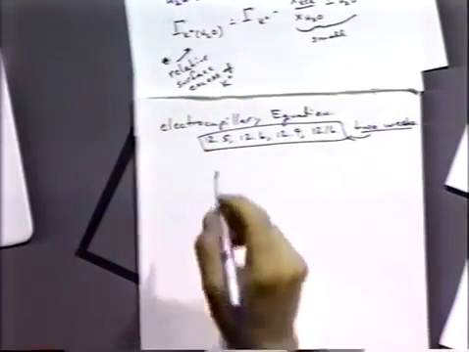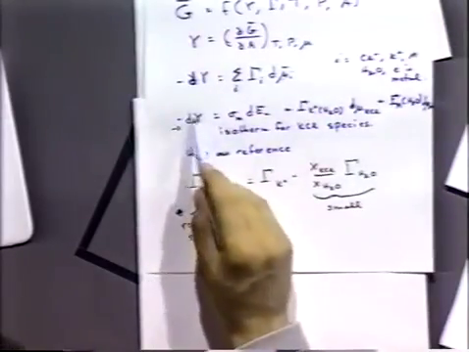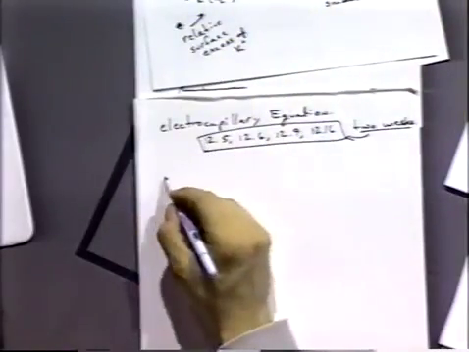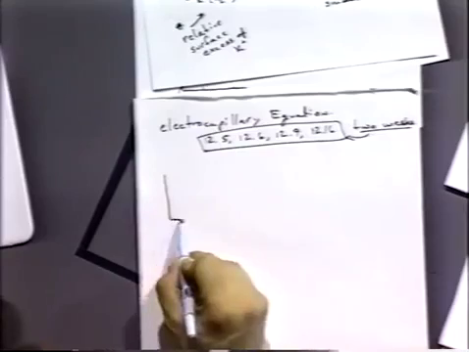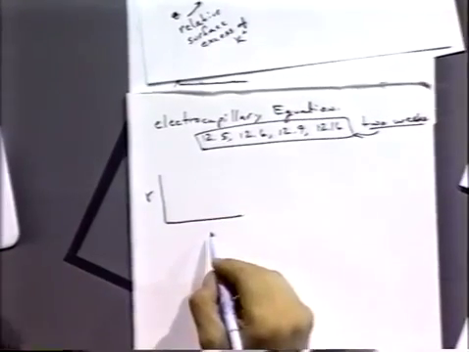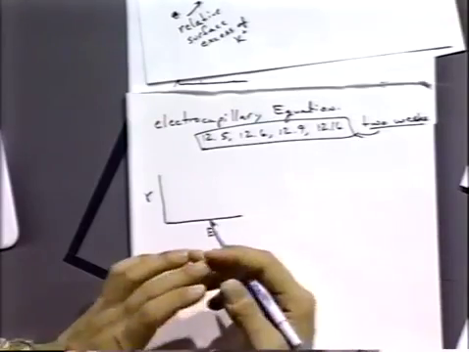Okay, so let's look again at our electrocapillary equation. What we see is the derivative of the surface tension versus the electrode potential. If we consider all these parts in turn, first we can get an electrocapillary curve, which is the surface tension versus potential. How do we get that?